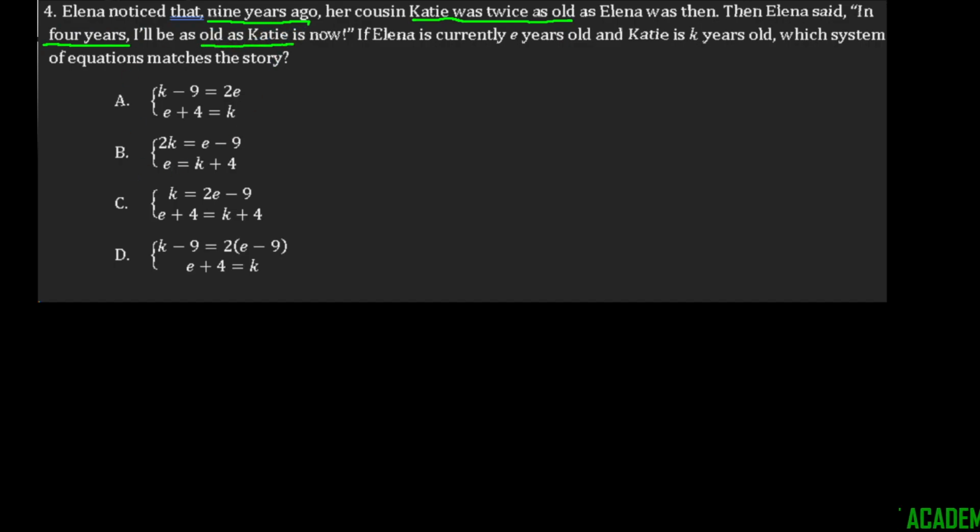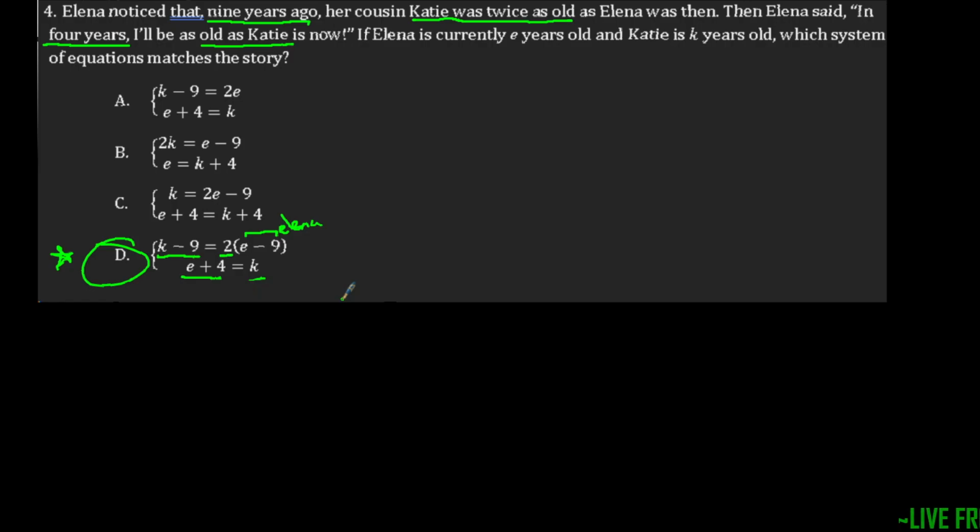So it's going to be D for that one, because if we look at what we have, 9 years ago, Katie was twice as old as Elena was, which we said was Elena. And then the second equation is in 4 years, it'll be as old as Katie is. That one's a little bit tricky, but as long as you can set it up carefully for that certain situation, it'll be totally fine.